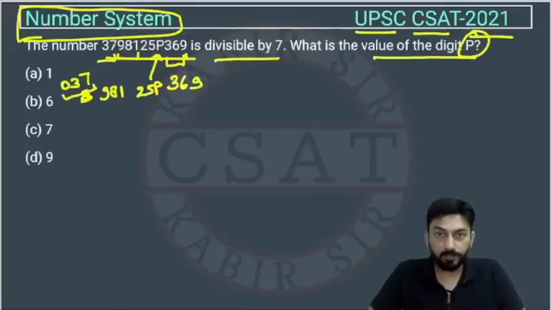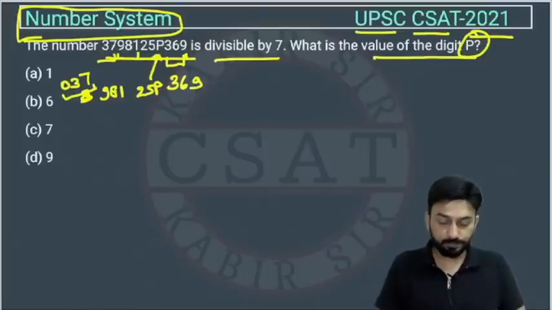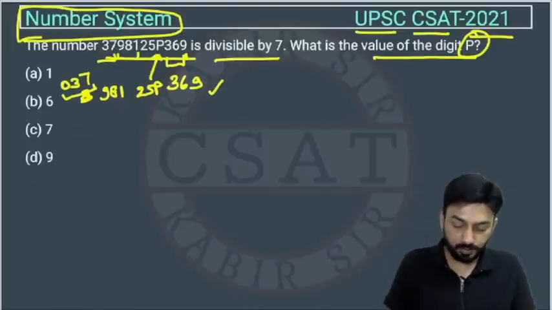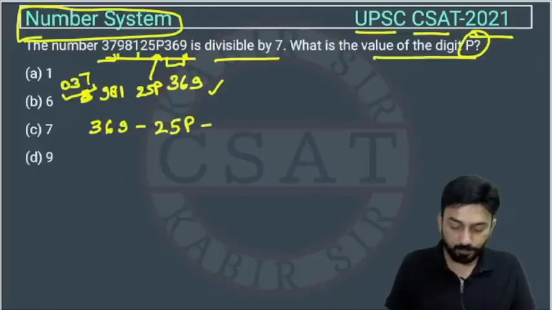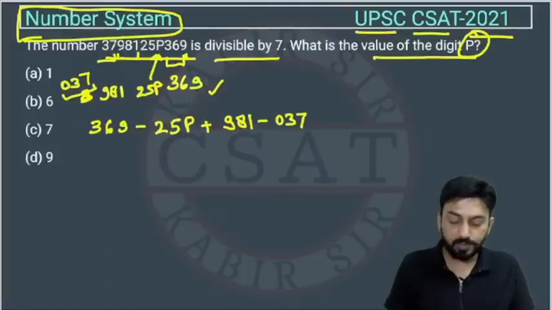We will start from the rightmost. So this will be 369 minus 25P plus 981 minus 037, or 37, which are the same. The answer should be divisible by 7. So now we will solve this.